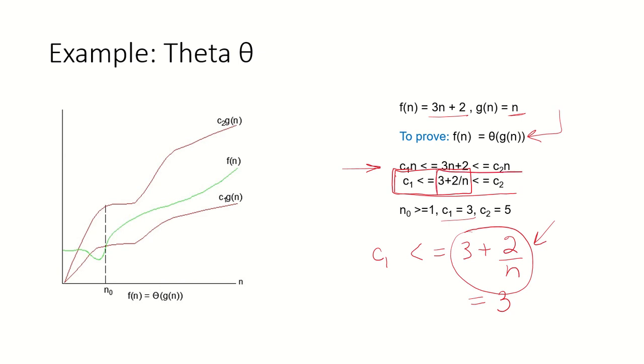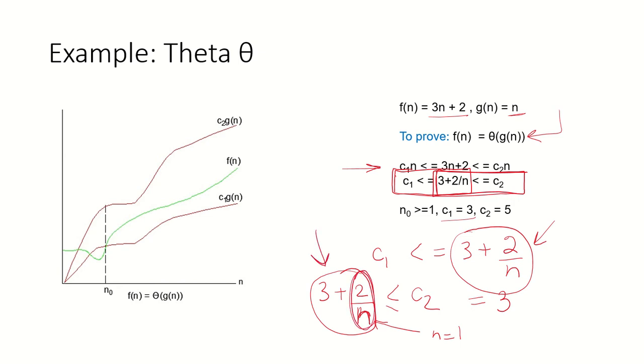Now let's take a look at this part. 3 + 2/n has to be less than or equal to c2. That means c2 has to be larger than the maximum value of this. And 2/n can have a maximum value only when n is equal to 1. Otherwise, as n starts increasing, 2/n would start decreasing.